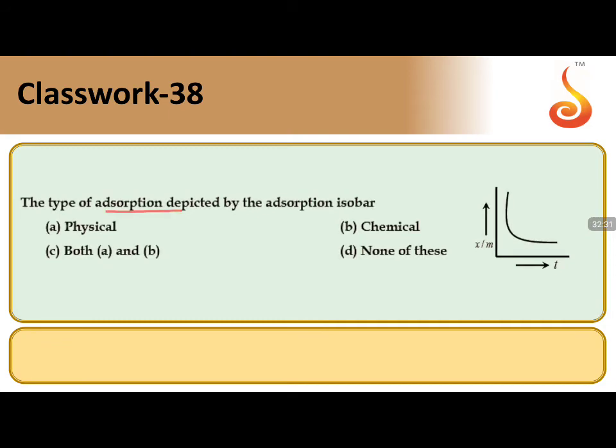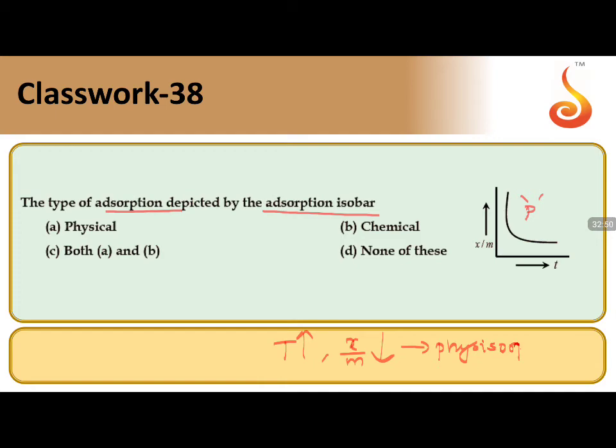The type of adsorption depicted by adsorption isobar. This is at constant pressure. Now X by M versus T. Increase in temperature decreases the X by M value. This corresponds to physisorption.